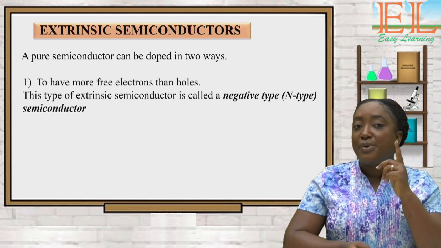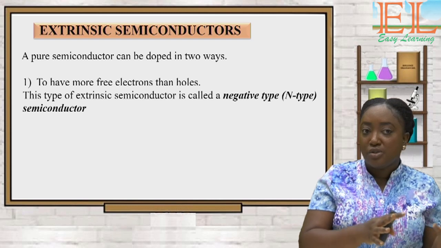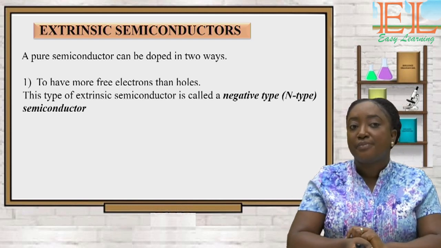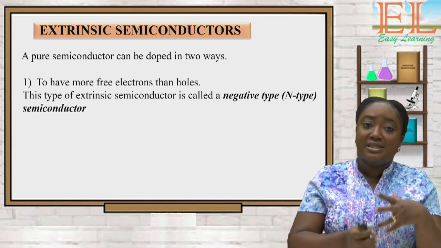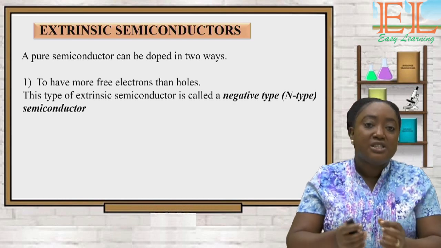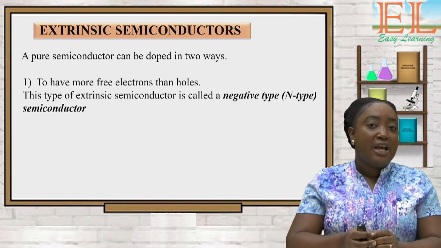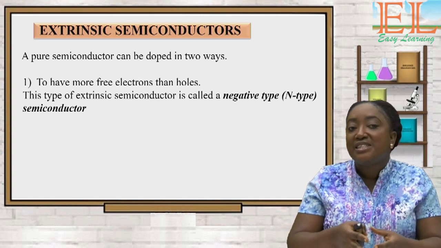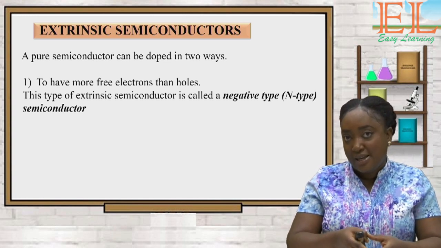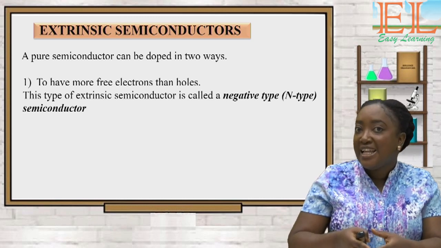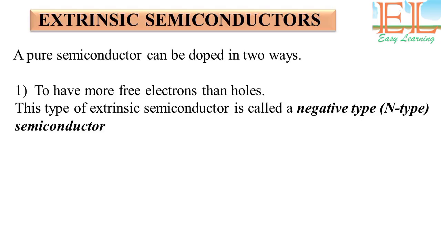First, you can dope it to have more free electrons than holes. This type of extrinsic semiconductor that results from this kind of doping is called a negative type semiconductor. Simply put, an N-type semiconductor.